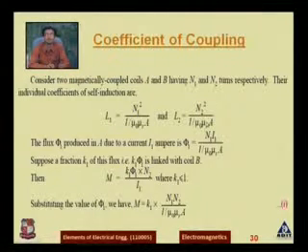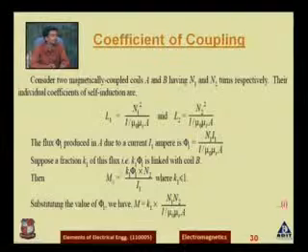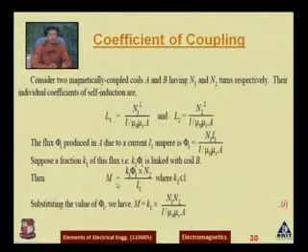Suppose a fraction K1 of this flux, that is K1 Phi1, is multiplied with N2 divided by I1, where we can say that K1 is less than or equal to 1. Or, another way, simply assume that K is the coefficient, denoted by mutual inductance M, equal to K1 Phi1 into N2 divided by I1.